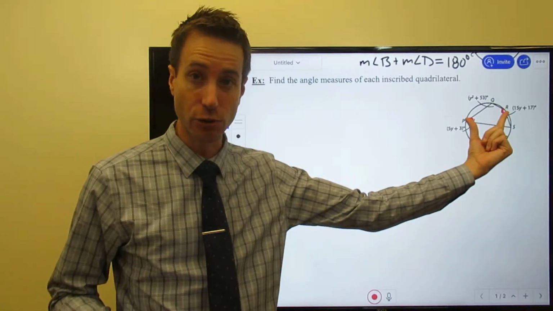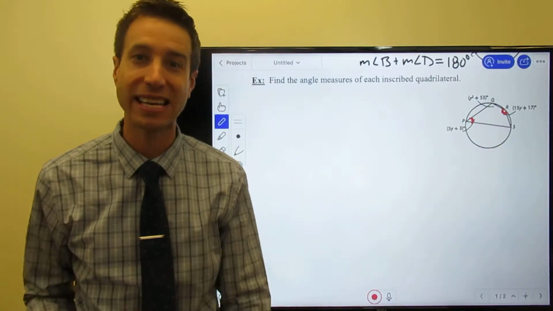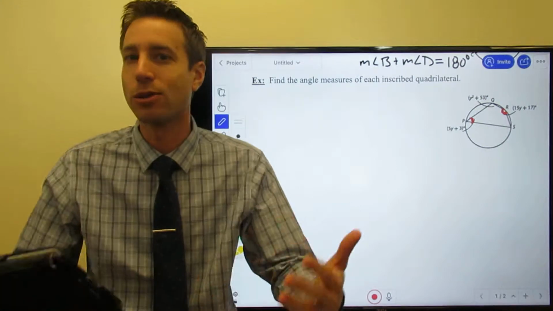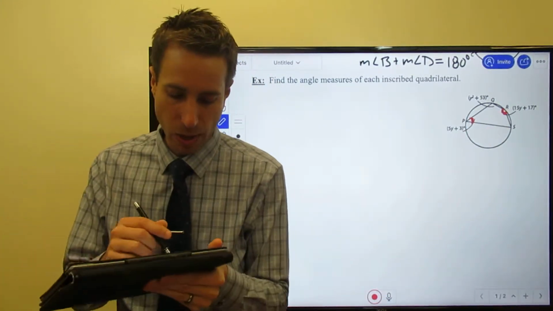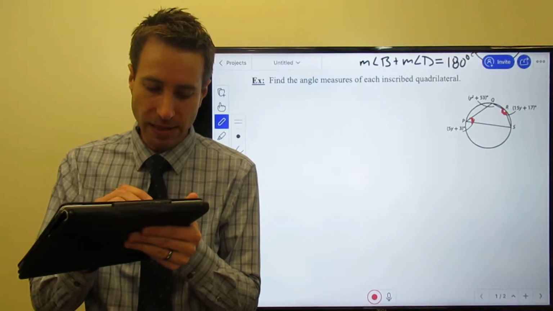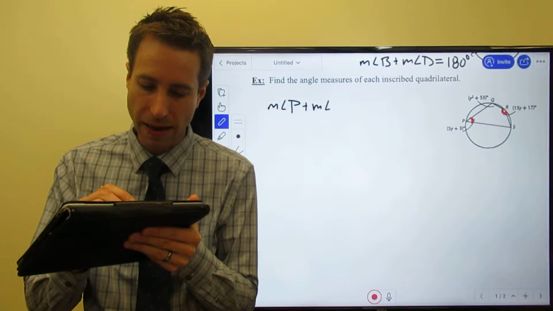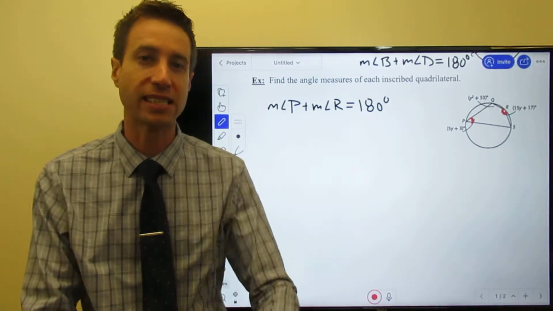Why am I going to pick those two? Because Q and S are opposite angles, but I don't tell you anything about angle S. So you'd run into a dead end. Since I know something about both P and R, that's what I'm going to use. The theorem says the measure of angle P plus the measure of angle R is equal to 180 degrees.